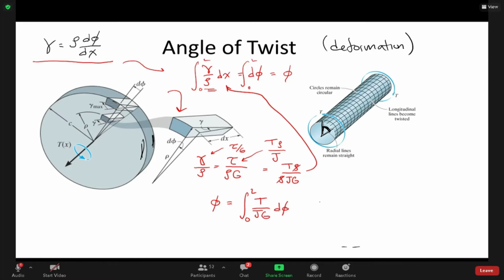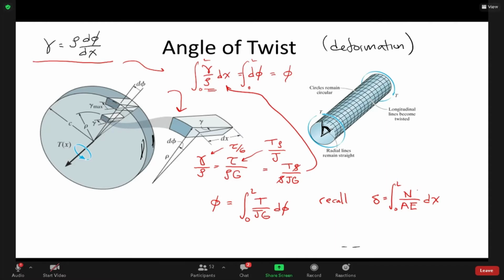If you recall, when we did the axial problems in chapter 4, we got that the elongation delta was the integral from 0 to L of the internal force N over A E dx. You can see the similarity here.